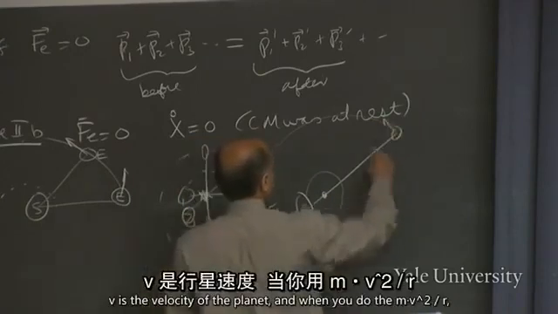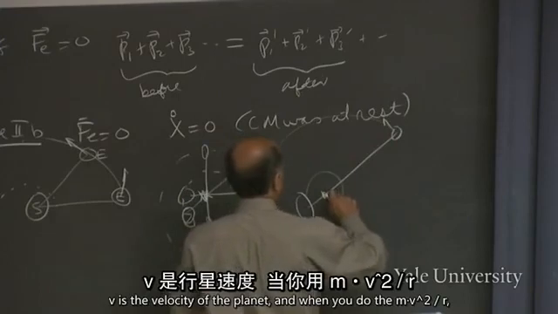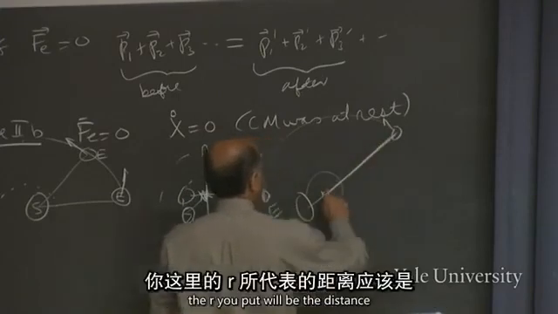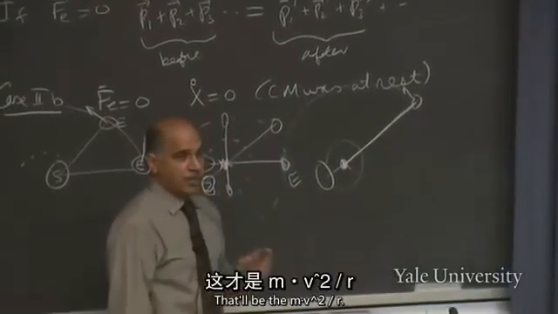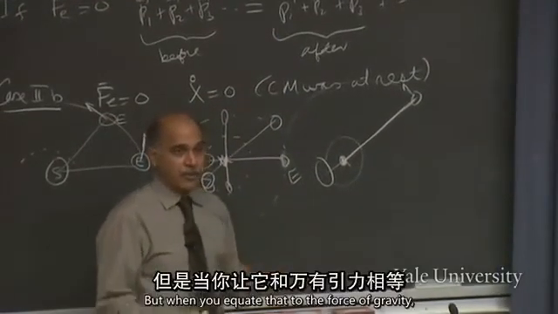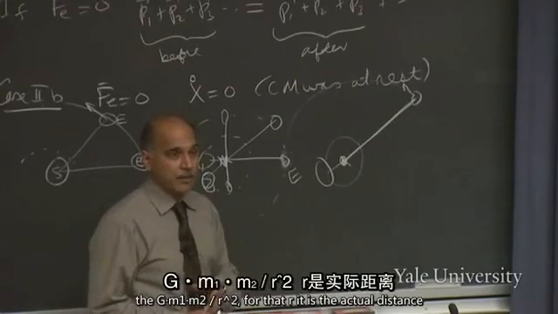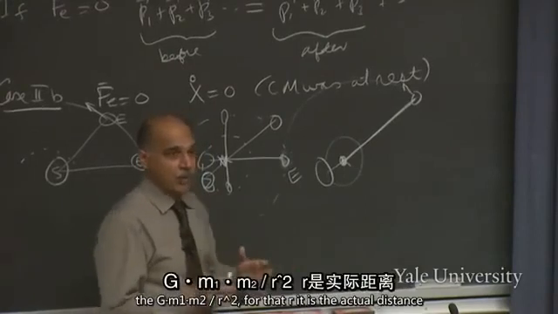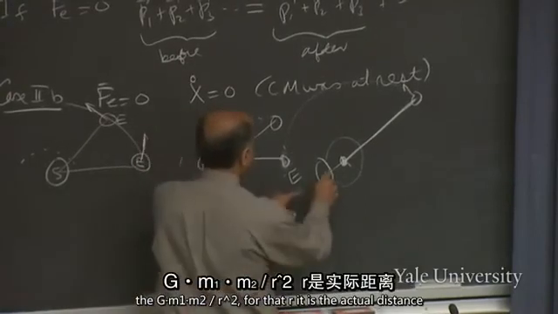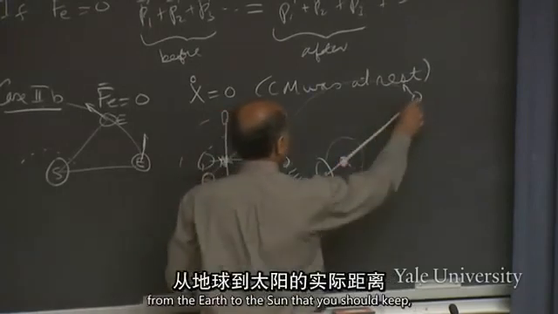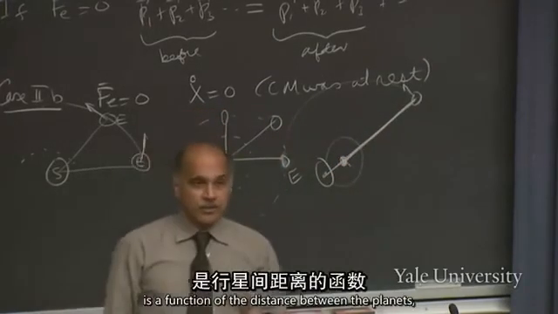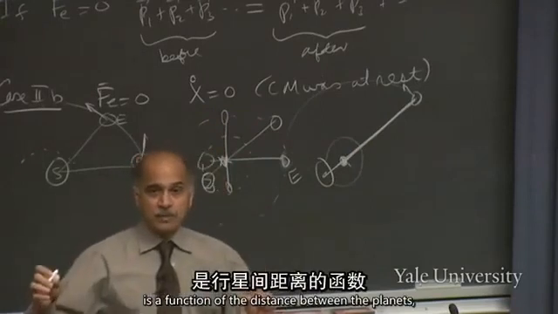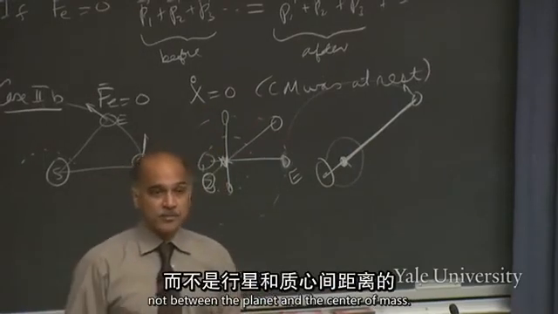V is the velocity of the planet, and when you do the mv squared over r, the r you put will be the distance to the center of mass from where you are. That will be the mv squared over r. But when you equate that to the force of gravity, it is G m1 m2 over r squared. For that r, it is the actual distance from the earth to the sun that you should keep, because the force of gravity is a function of the distance between the planets, not between the planet and the center of mass.